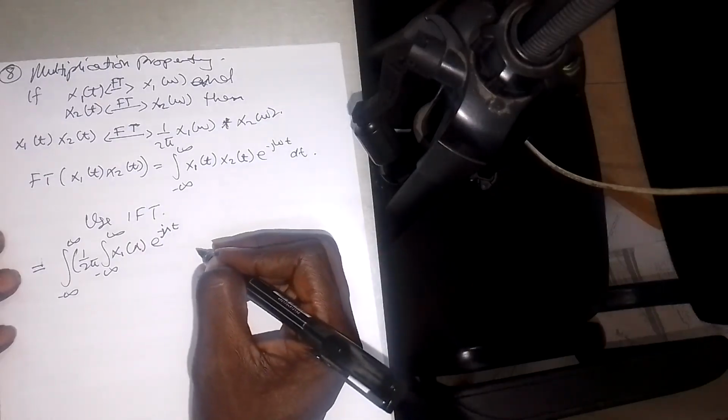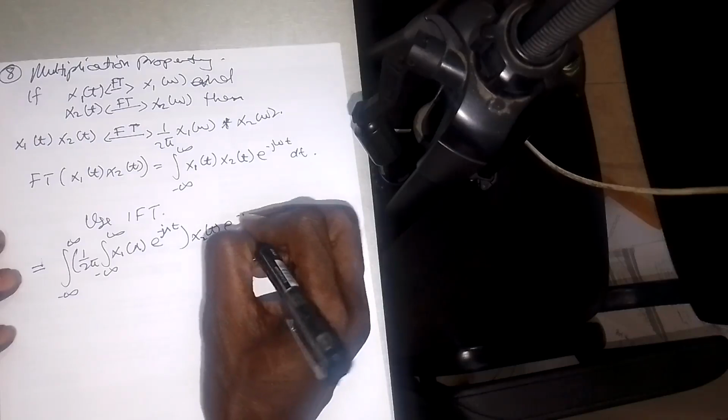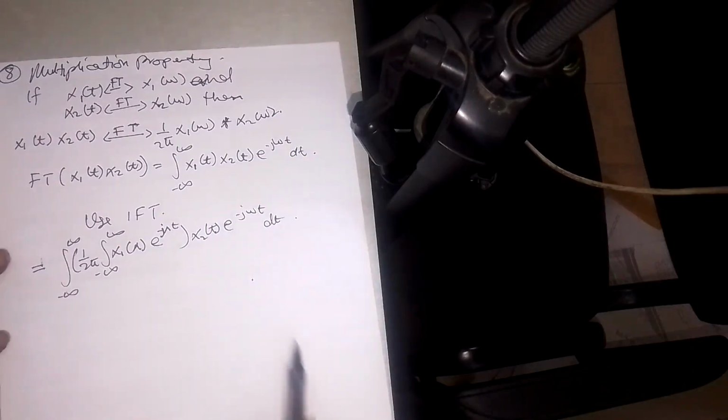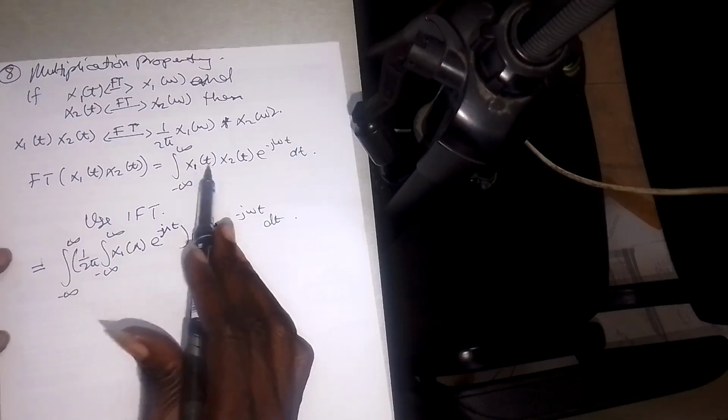So now this one times X2 of t times e to the minus j omega t dt. The only thing I have done here is that I have removed X1 of t, and instead I have put the inverse Fourier transform of X1 of t inside here.